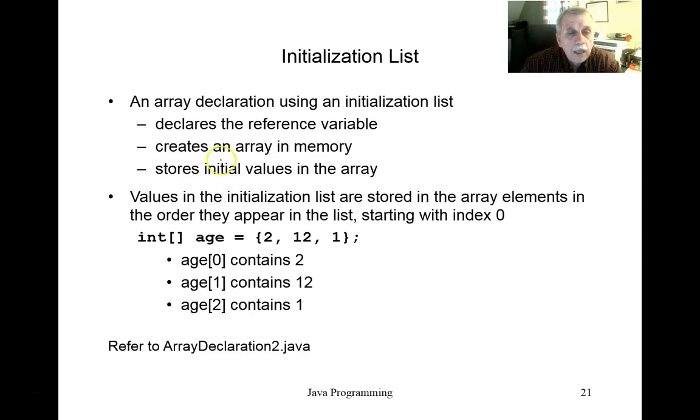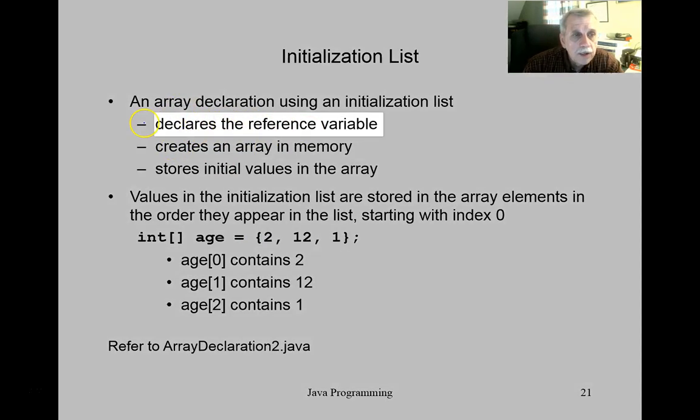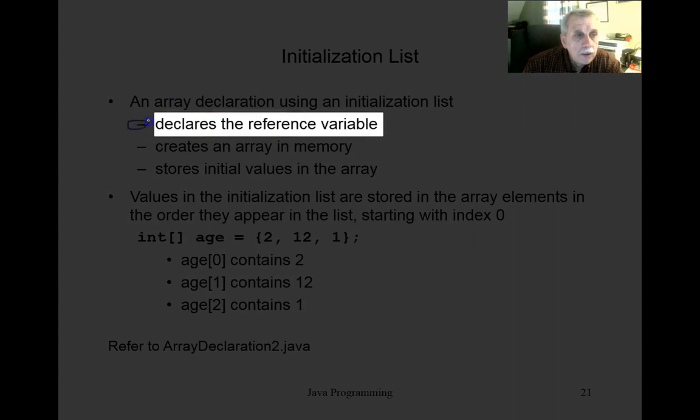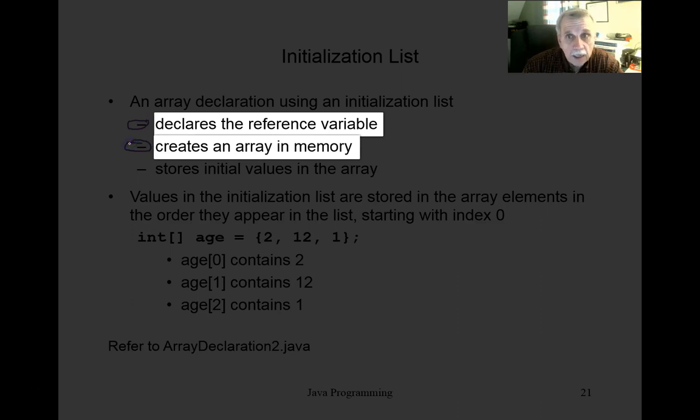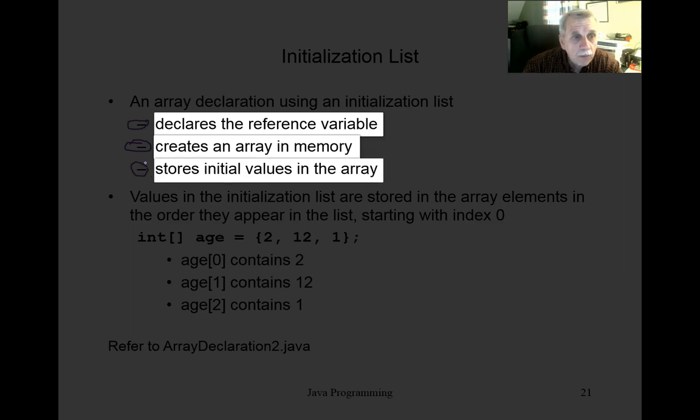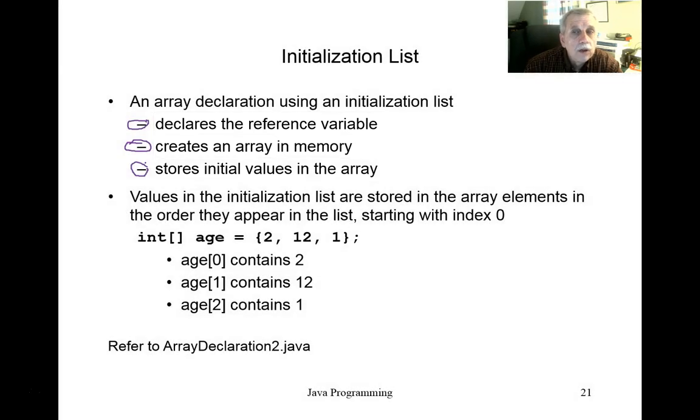So when the array is declared and initialized with an initialization list, the following things actually happen. The reference variable is declared, an array is actually created, or the array object is instantiated in memory, and the value of that array location, that address, is placed within the reference variable, and then the values within the initialization list are stored within consecutive elements, starting with subscript 0 and then moving forward.